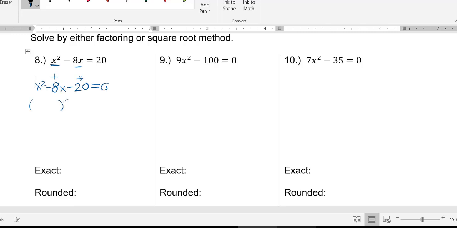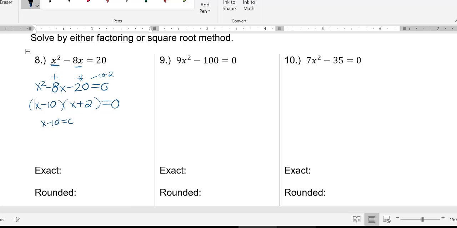I'm creating those parentheses, thinking about all of my factors of 20, and I'm thinking, well, 10 and 2 will get me pretty darn close to that -8. So x minus 10 and then x plus 2. Checking those outers and inners, they add to that -8 and multiply to that -20.